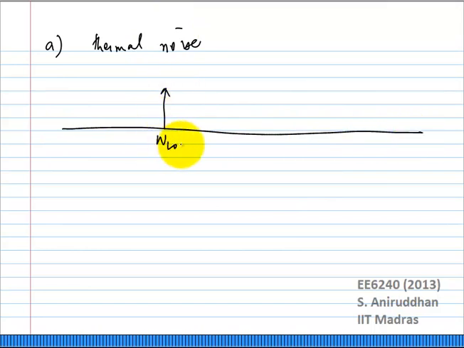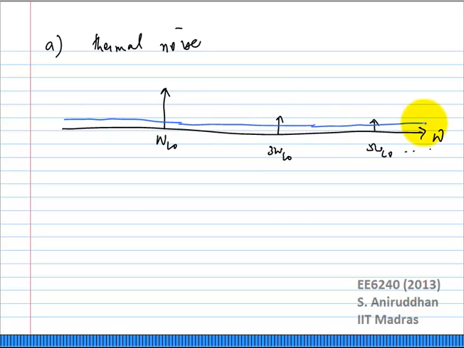So let us say this is omega LO, 3 omega LO, 5 omega LO and so on. This is my omega axis. And what does IN look like? IN is a broadband thermal noise. Correct? So let us say my input signal is here, omega RF.